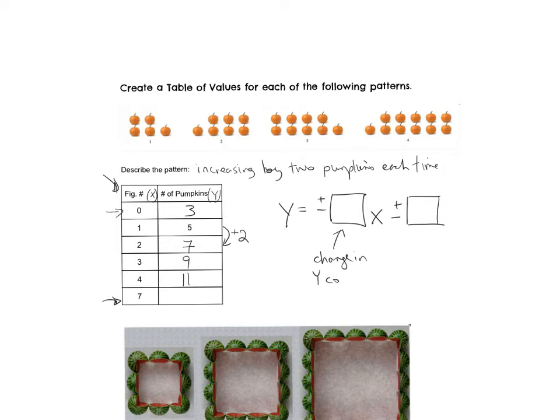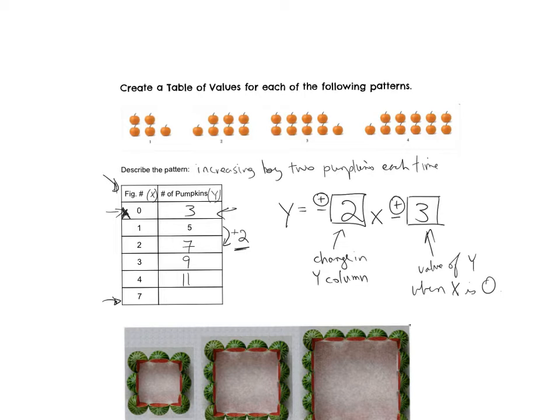And I spelled column incorrectly. So the change, as you remember, is over here, is a positive 2. We're adding 2. In the second blank, we put the value of Y when X is 0. So that we have for this column. So X is at 0 here, and then the Y column is a positive 3.